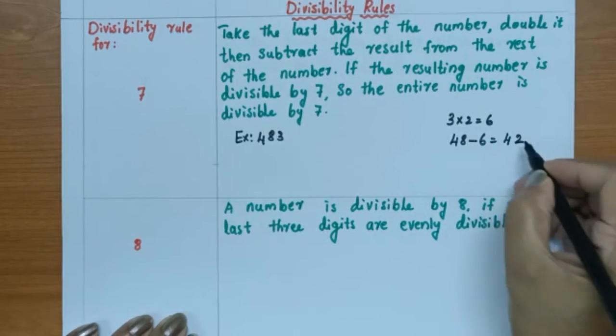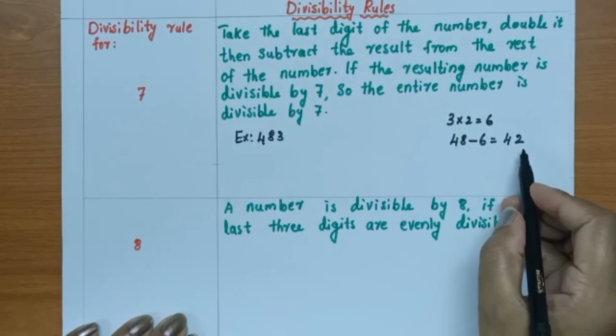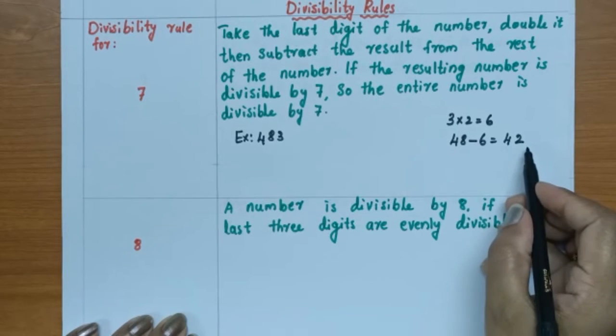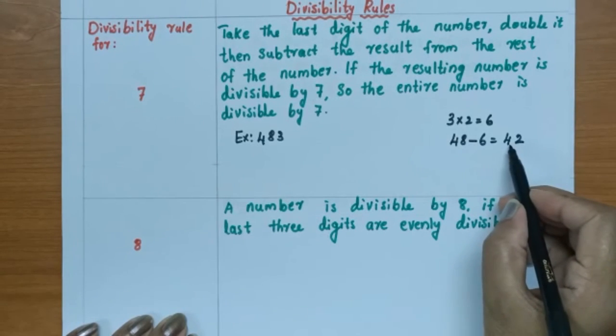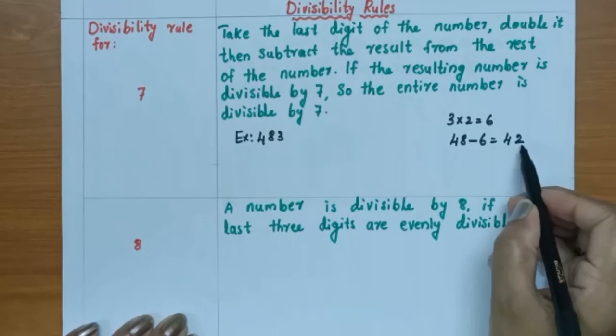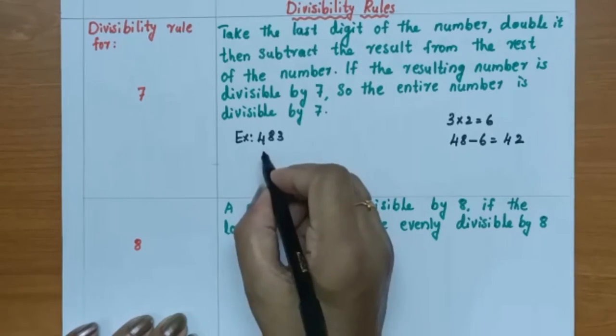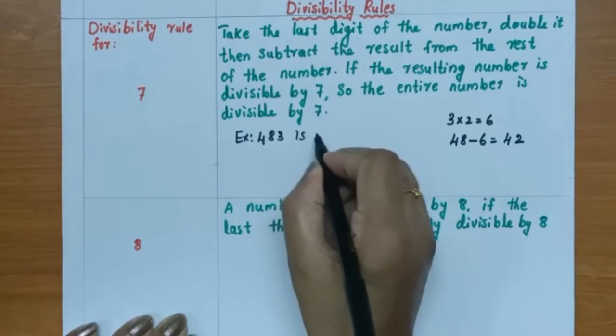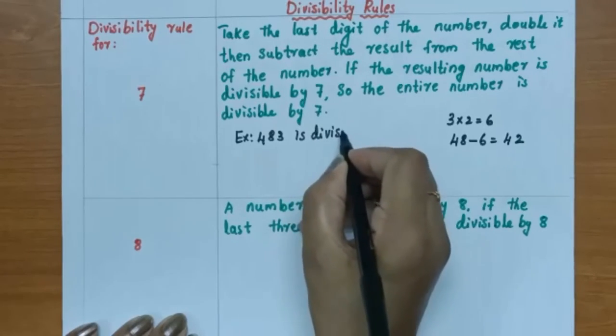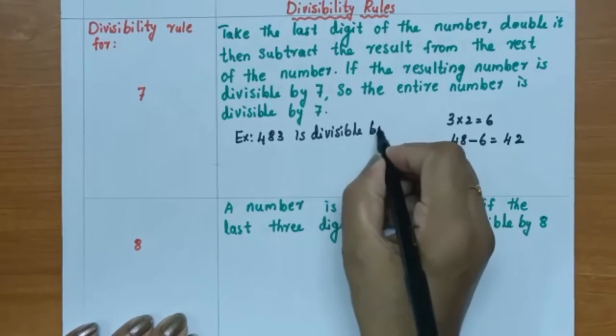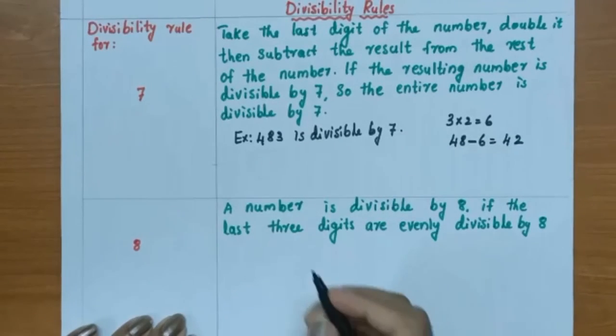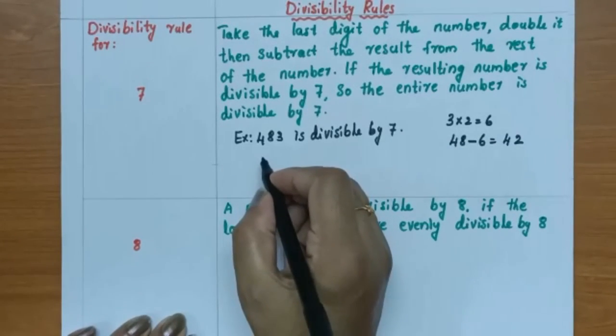The answer we get is 42. We can check whether the resulting number is divisible by 7 or not. Here we have 42. 42 is divisible by 7. So 483 is divisible by 7.